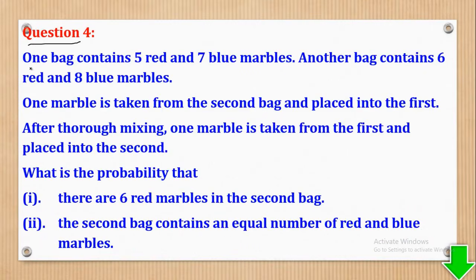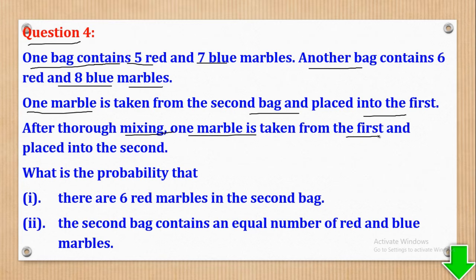Question 4 says, one bag contains 5 red and 7 blue marbles. Another bag contains 6 red and 8 blue marbles. One marble is taken from the second bag and placed into the first. After thorough mixing, one marble is taken from the first and placed into the second.